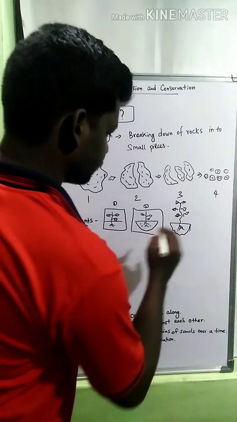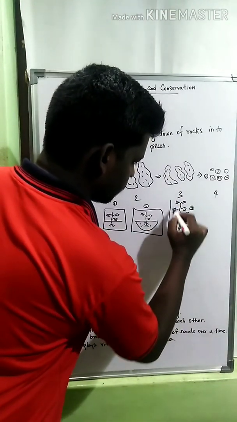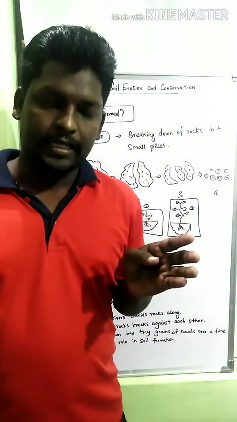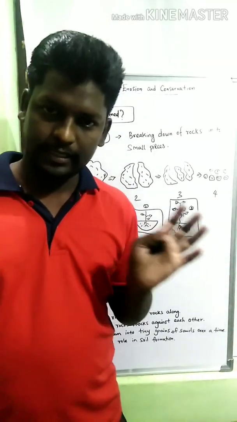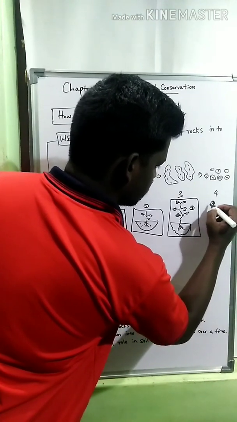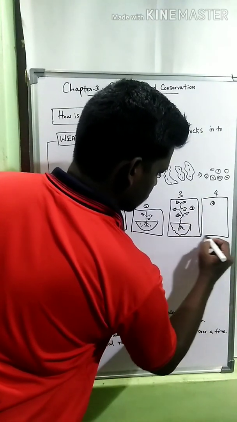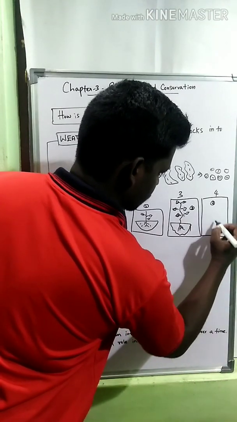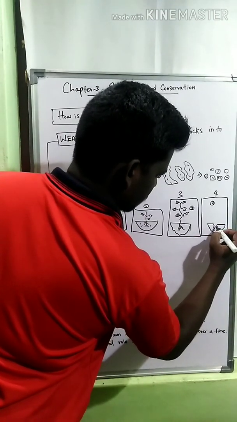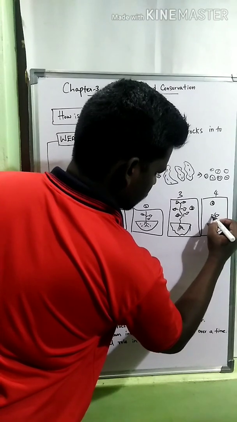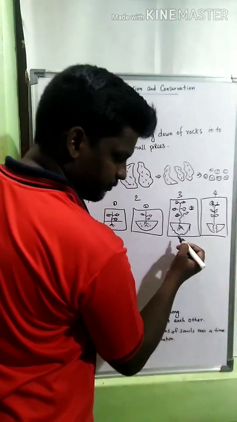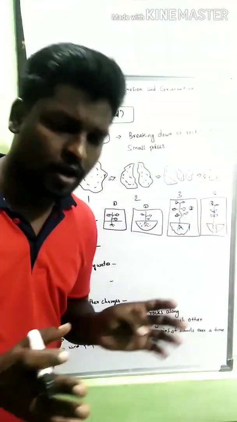Finally, what happened? This is the third level. The grown-up plant has the possibility of breaking these rocks into pieces, which is the final stage. The same rock had been broken down into two or three pieces.